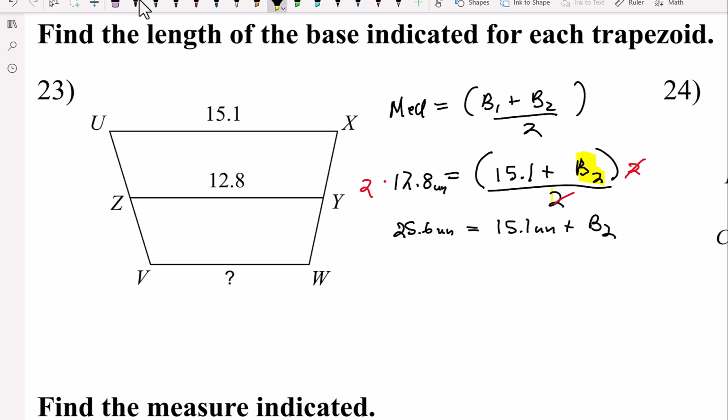Well, to get base 2 by itself, we now will subtract 15.1 units from both sides. So 25.6 subtract 15.1 gives us 10.5 units is base 2. And then go ahead and have them write 10.5 units is base 2.